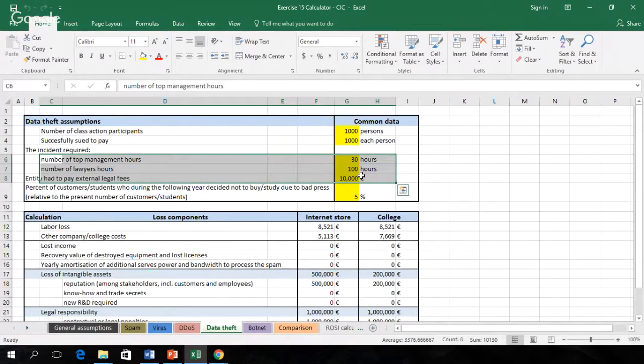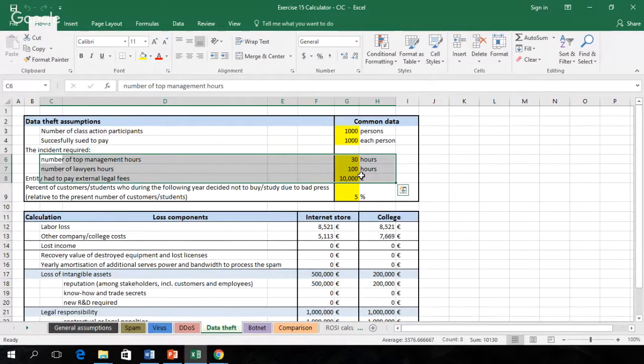The incident has additionally consumed a lot of time of lawyers and top management. Furthermore, significant external fees had to be paid for external consultants and court fees.